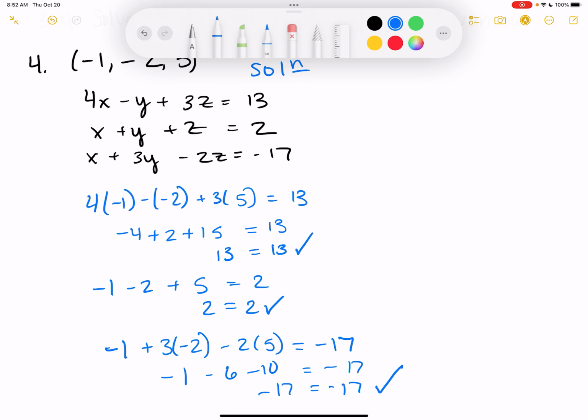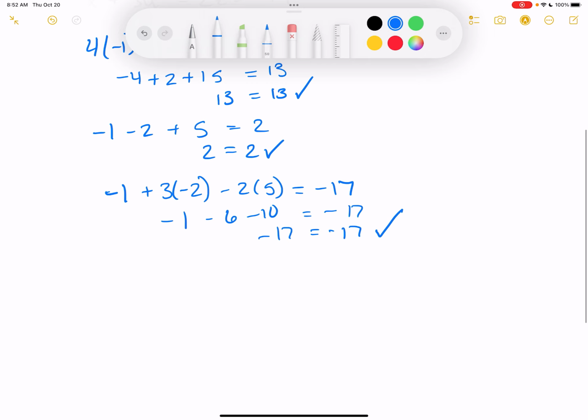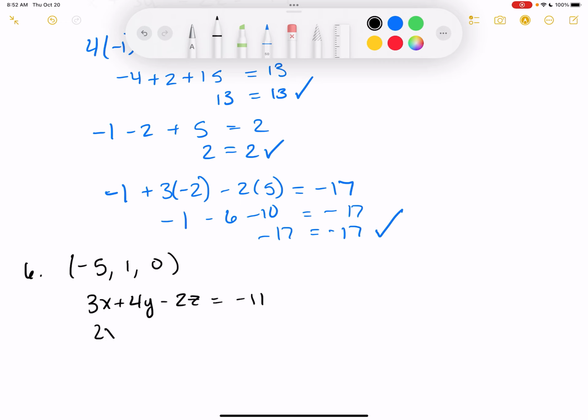So let's look at another one. Number 6, -5, 1, 0, and we have the equations 3x plus 4y minus 2z equals -11, 2x plus y minus z equals 11, and x plus 4y plus 3z equals -1.